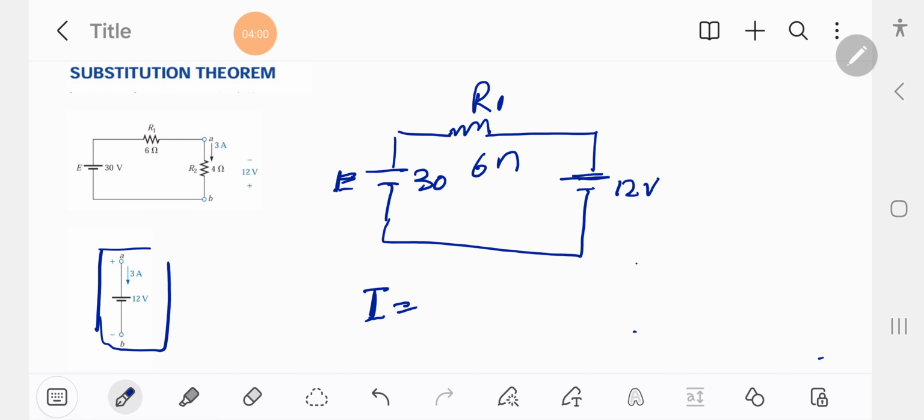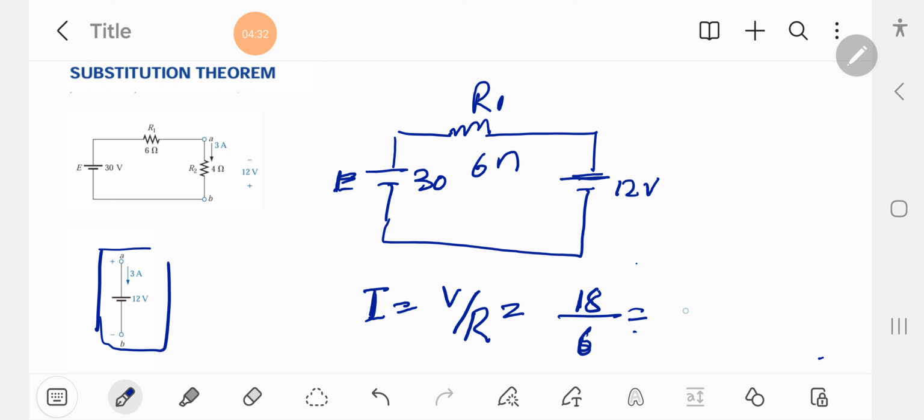Current is equal to V divided by R. Sorry, V here is 18, because when we combine these two voltages, it gives us 18 volt.